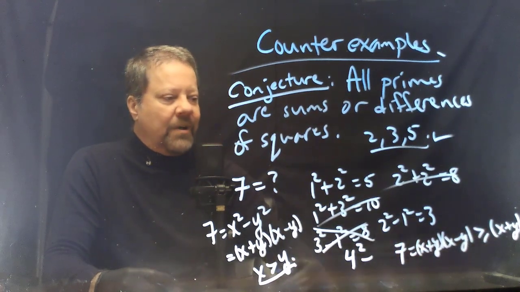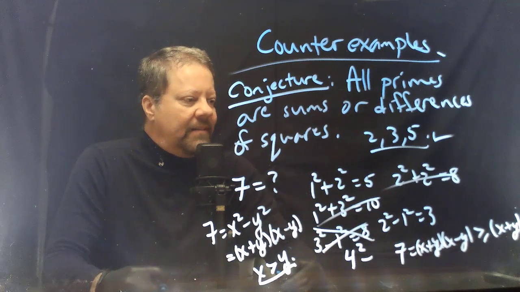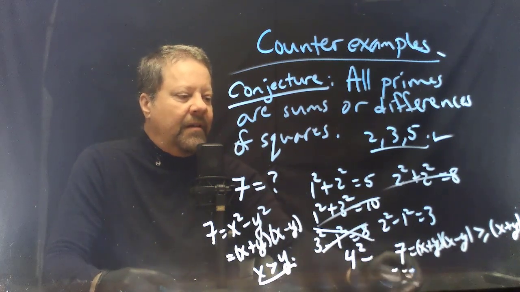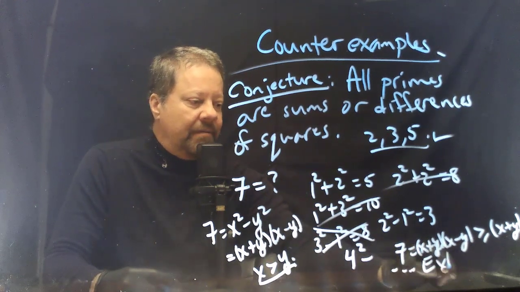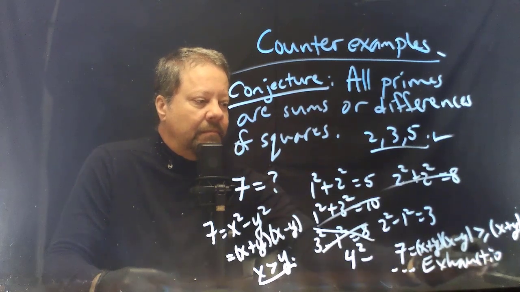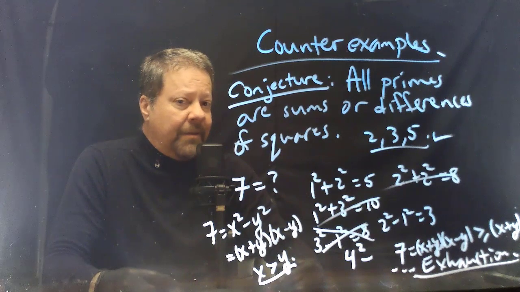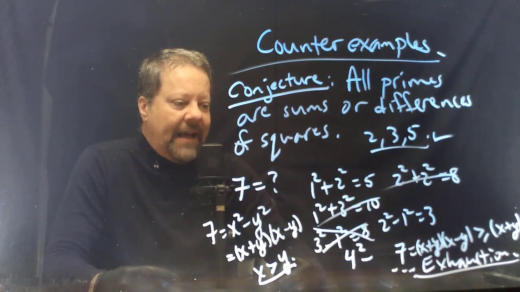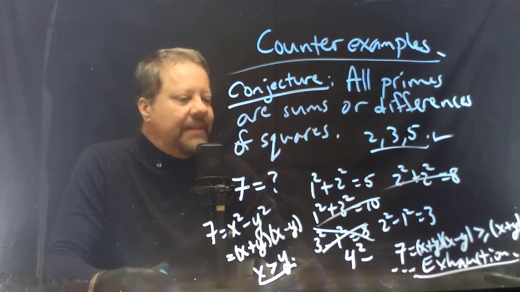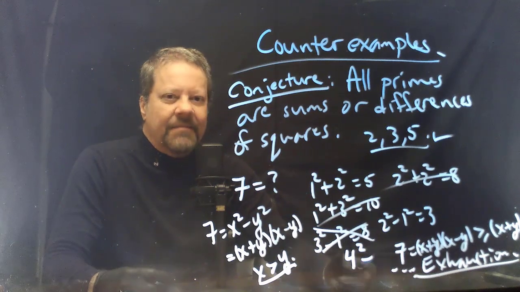So you have to work with x plus y less than or equal to 7. Then you'd go by exhaustion. Look at all positive integers, x bigger than y, so that x plus y adds up to something less than or equal to 7, and then you can test all possibilities.